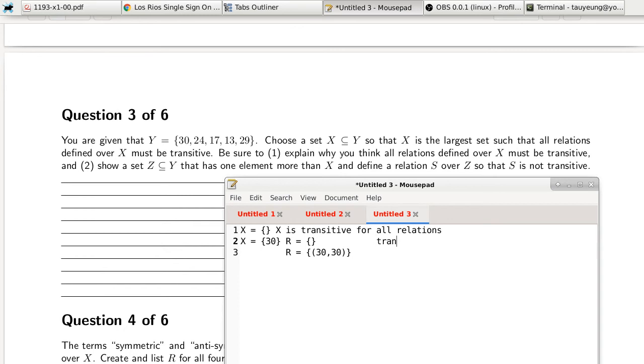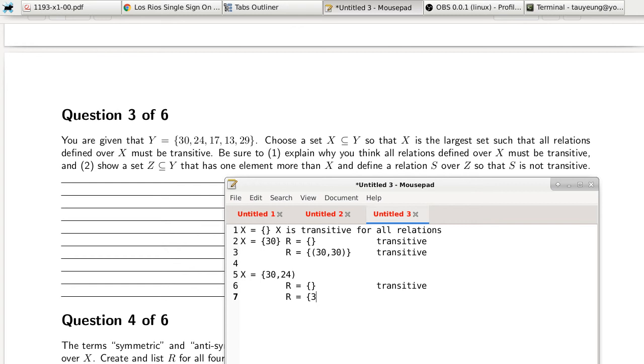This is transitive because nothing proves that it is not transitive, and this is transitive as well because once again nothing can prove that it is not transitive, and that's it. So now you can say, what about if I add one more? If I add one more to it, what can R be? Well, R can be empty, but we know that the empty relation is already transitive over any set, so that's kind of easy to figure out.